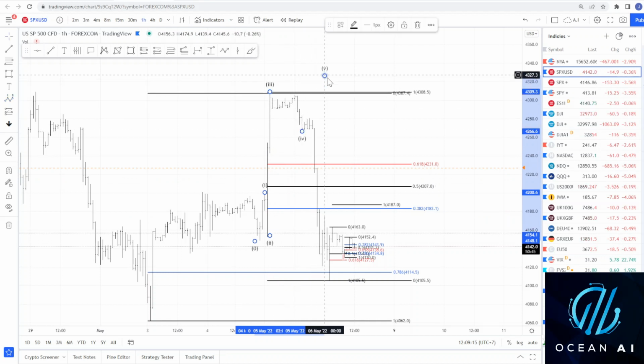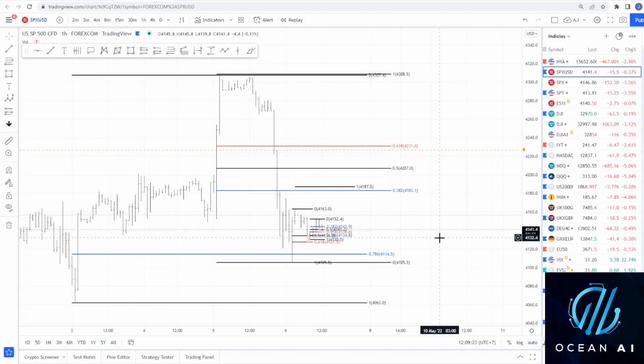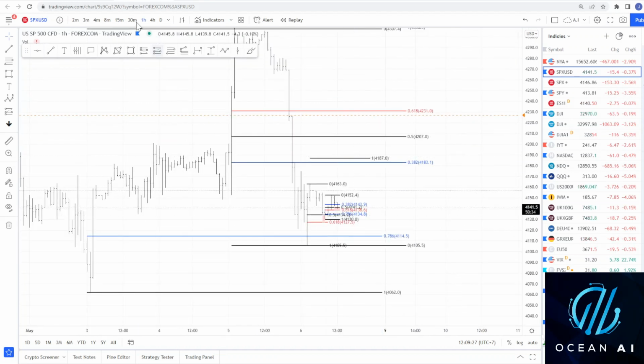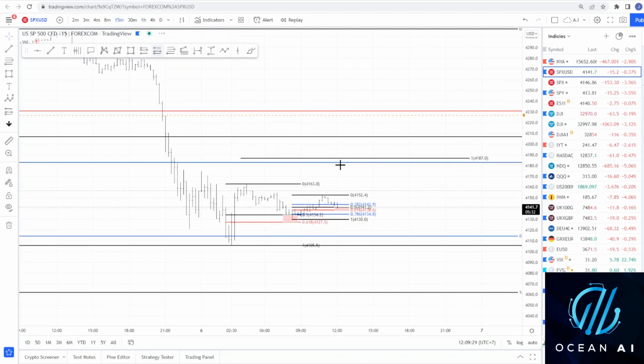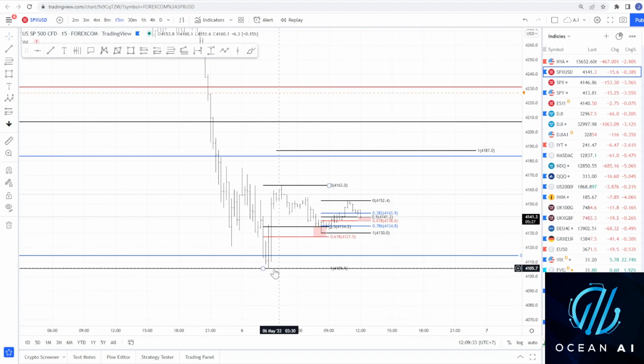That's what I was looking for yesterday, and then to sell off. But that didn't happen. We got the sell-off. So now, like the gold, I think we need to look at the 382. So if I go into a 15-minute, we sold off down to nearly the 4100.